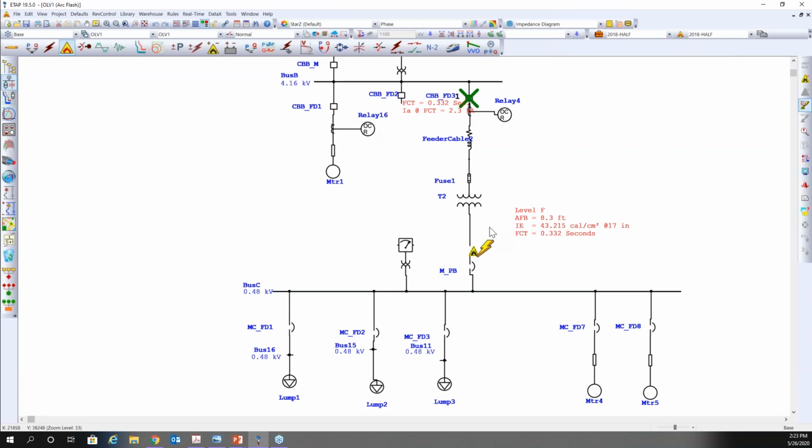So you can see why the incident energy in this particular leg, between the line side of the main circuit breaker and the transformer, is high, because we're relying on protection from the transformer to clear this fault, and it takes a long time. So we're at 332 milliseconds, 43.215 calories per centimeter squared.